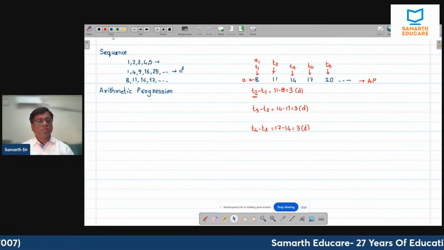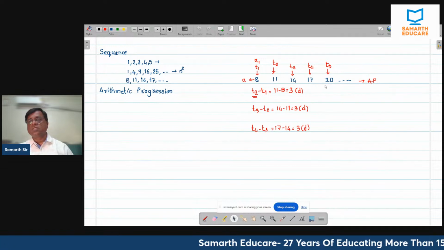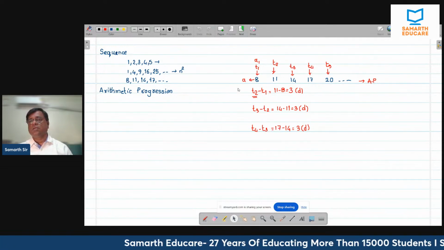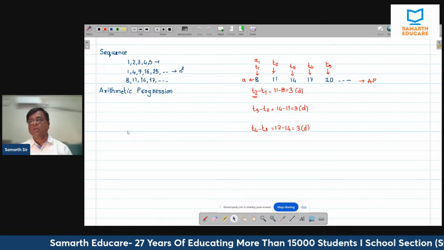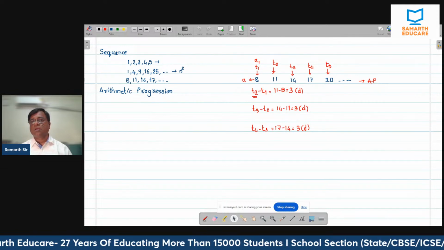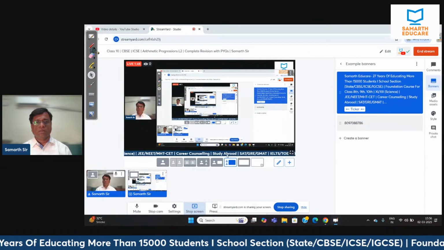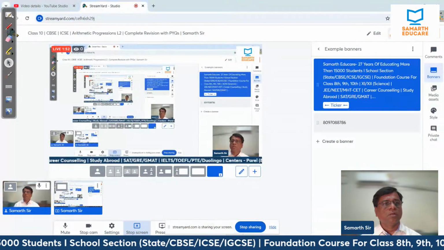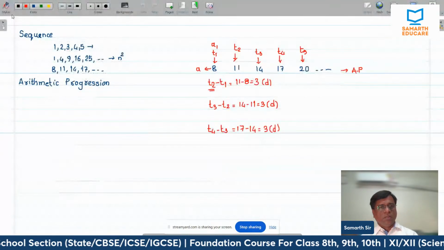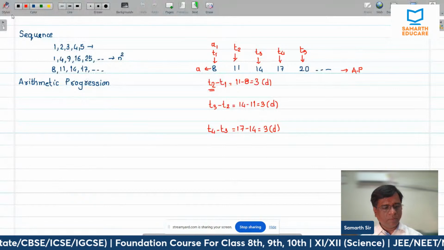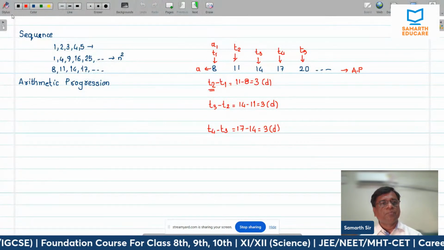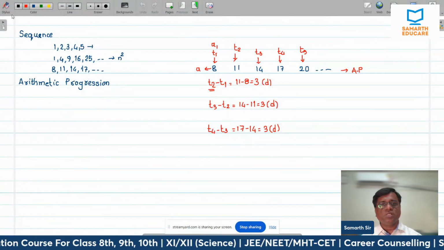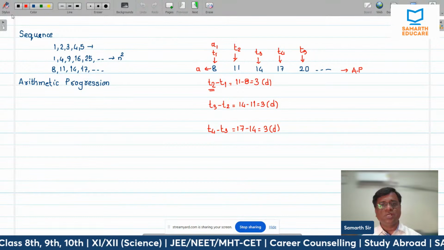So this is something that we discussed. Okay, so we discussed what is a sequence, what is a progression, what is arithmetic progression.